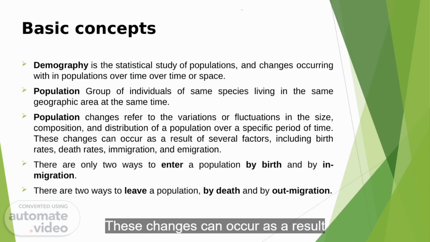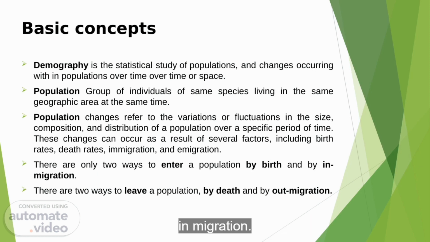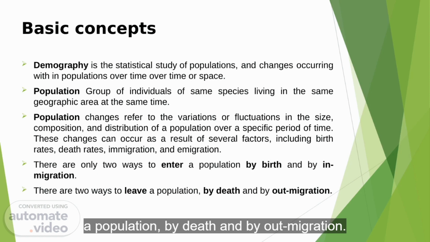These changes can occur as a result of several factors, including birth rates, death rates, immigration, and emigration. There are only two ways to enter a population: by birth and by in-migration. There are two ways to leave a population: by death and by out-migration.